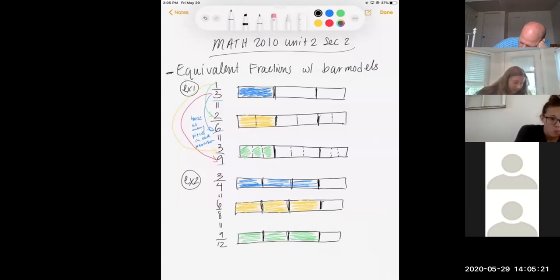So from 3/4 to 6/8, each of my pieces was split into 2 parts. So I'm going to split each of my pieces into 2 parts here, all throughout. And notice that the numerator followed the denominator. 9/12 from 3/4, each of the pieces was split into 3 parts. Systematically, you get 9/12.